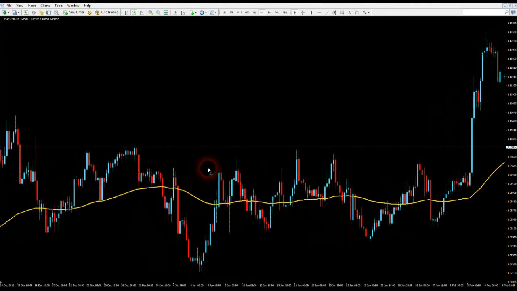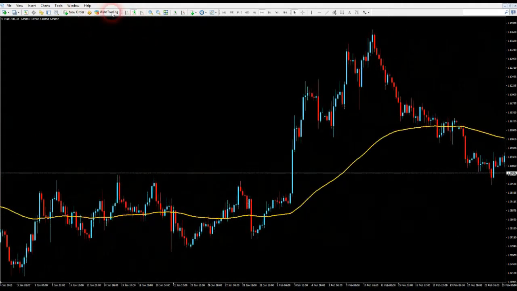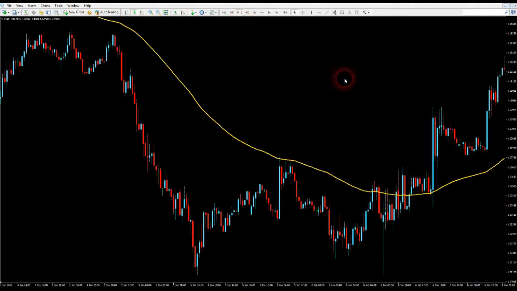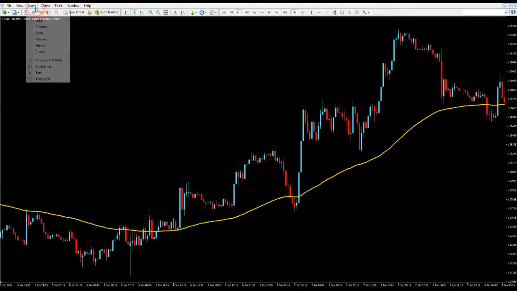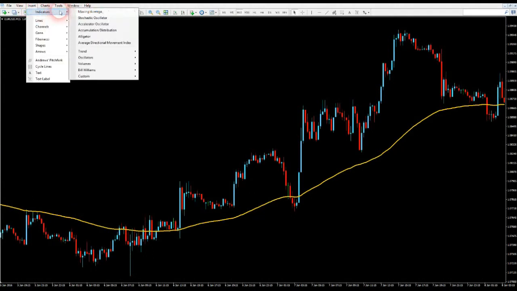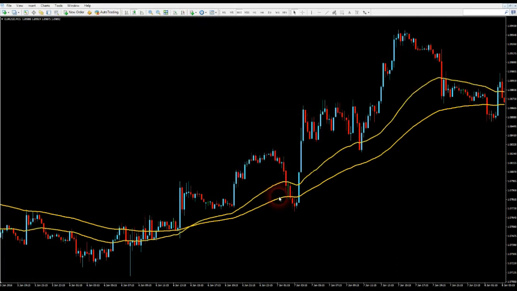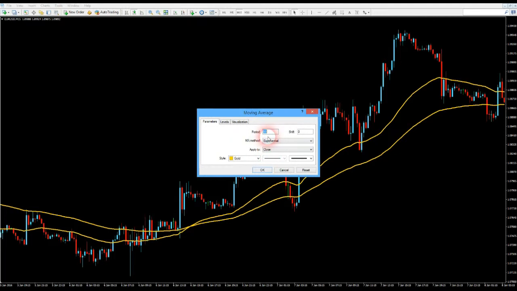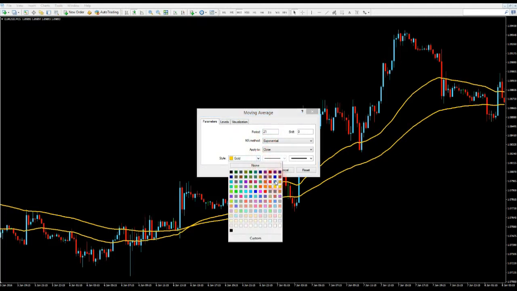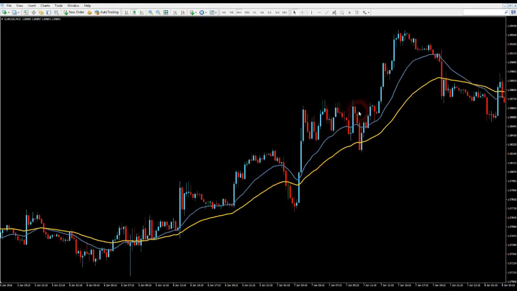So that's 2. Number 3 is the EMA crosses. For example, on the lower time frames, you can use a lower period, for example, a 50 and a 21. Those are common values.